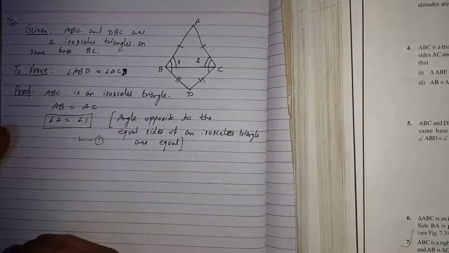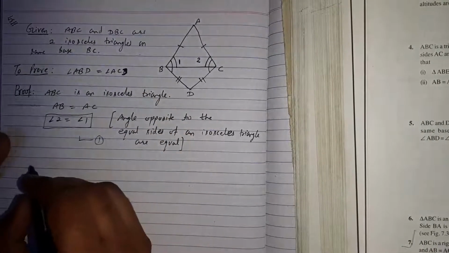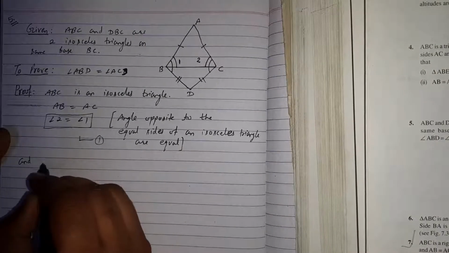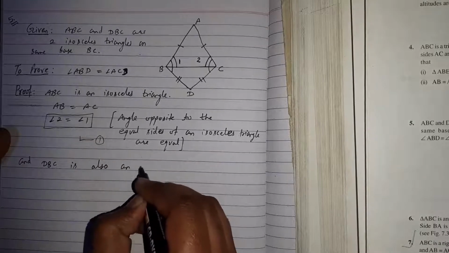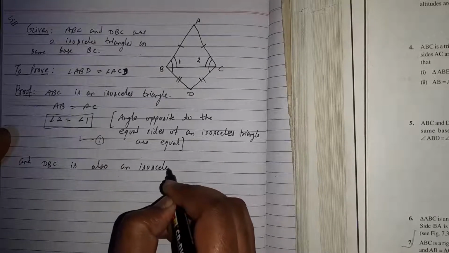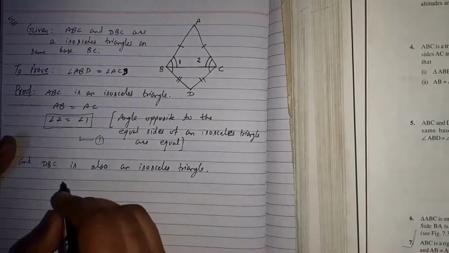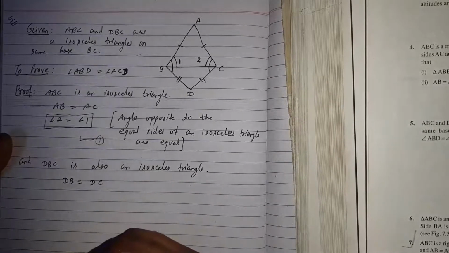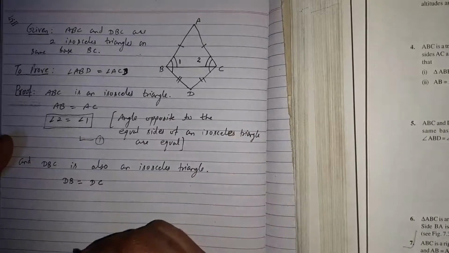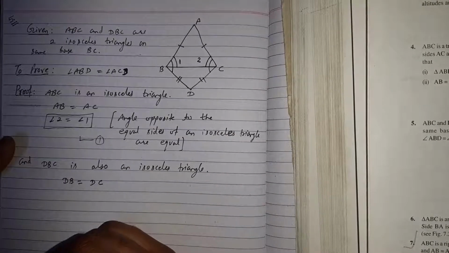And DBC is also an isosceles triangle, so DB is equal to DC, equal sides of an isosceles triangle. Again using the same theorem, angles opposite to the equal sides of an isosceles triangle are equal.